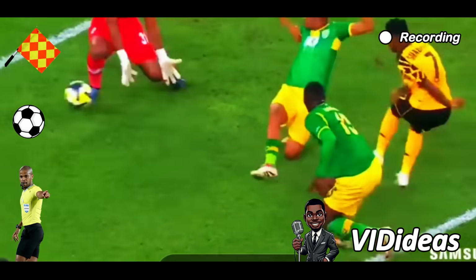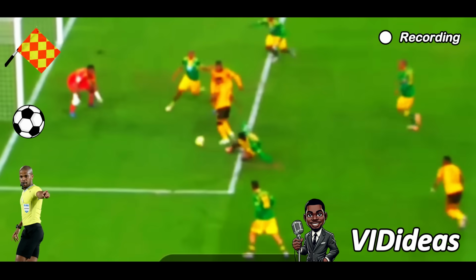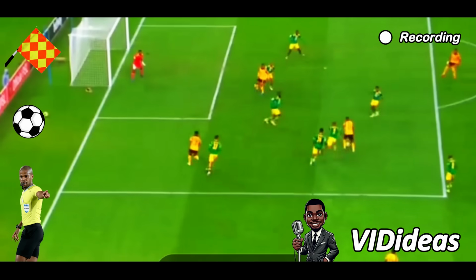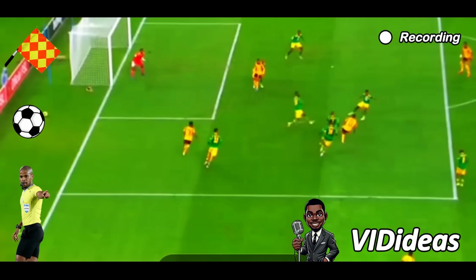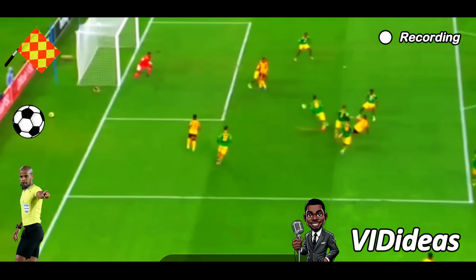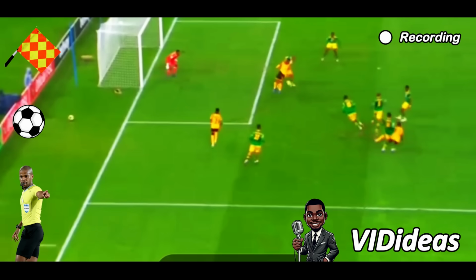But what does the law say about this particular incident? So Mdu Shabalala is in an offside position, right? But when Pule Modi plays the ball, it was not intended for Mdu Shabalala, it was intended for Dupree. Then what happens here is that the Golden Arrows defender tries to play the ball.